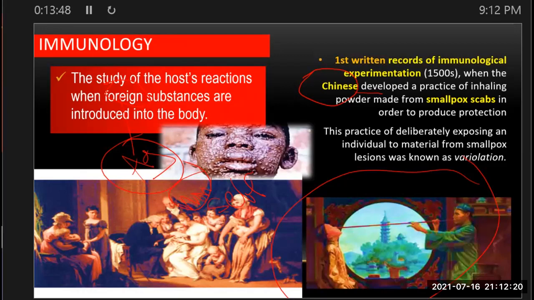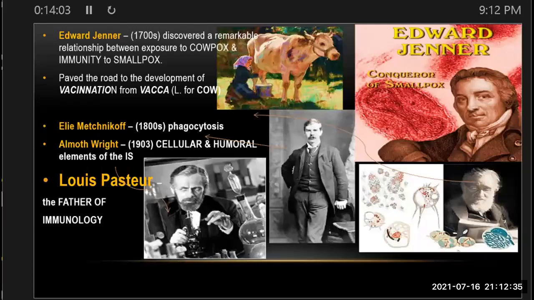In the 15th century, powdered smallpox crusts were inserted with a pin into the skin. When this practice became popular in England, it was discouraged at first, partly because the practice of inoculation occasionally killed or disfigured the patient. And the beginning of immunology as a science is usually attributed to Jenner.